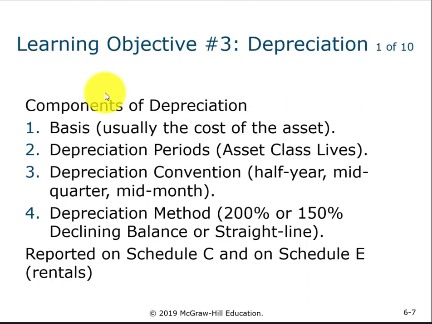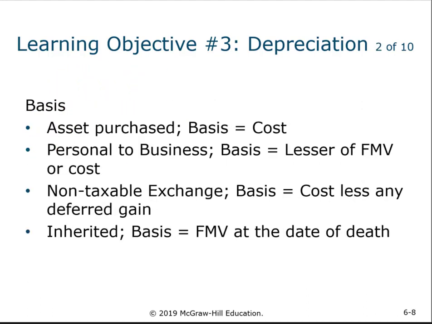Or straight line, which is used quite a bit still. All right, and then this depreciation becomes an expense on our Schedule C. And as we'll see when we look at rentals in a later chapter, on Schedule E, which is where rental activities get reported, separate from business activities.